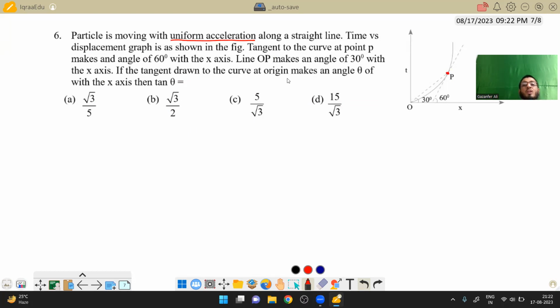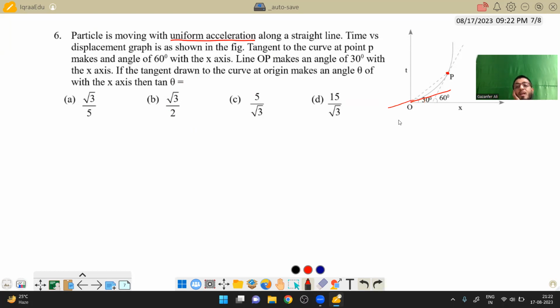If the tangent is drawn to the curve at the origin, somewhat like this, it makes an angle theta with the x-axis. Then tan theta is equal to? So what are we given?